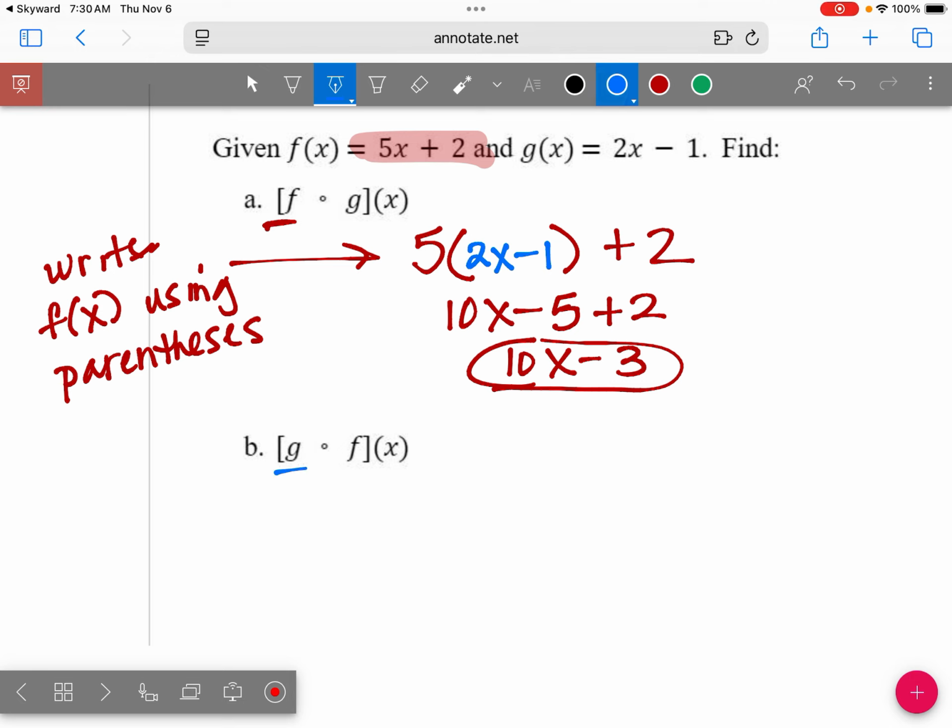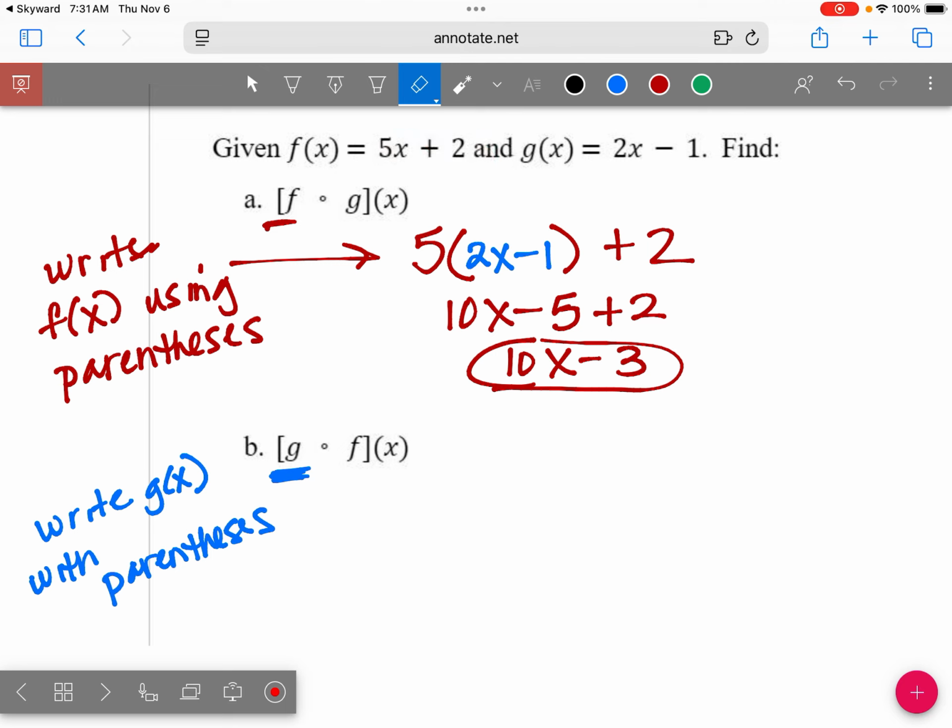But for this one, you see how g comes first? I'm going to write the g function with parentheses now. So does everyone see that the g function is 2x minus 1? So what do you think I'm going to write? Instead of 2x minus 1, I'm going to write what? 2 parentheses minus 1. So let's do that. 2 parentheses minus 1. And now put the f inside of the parentheses.